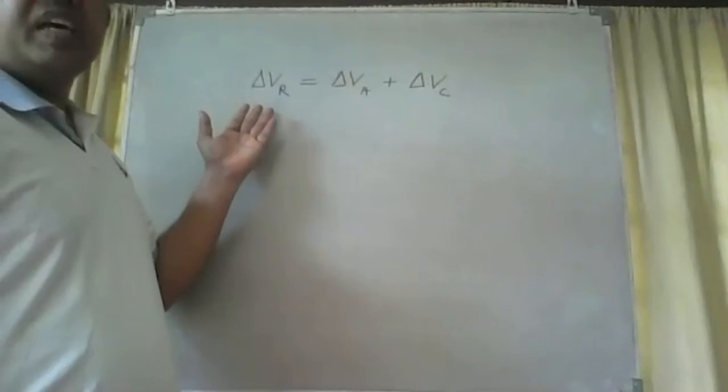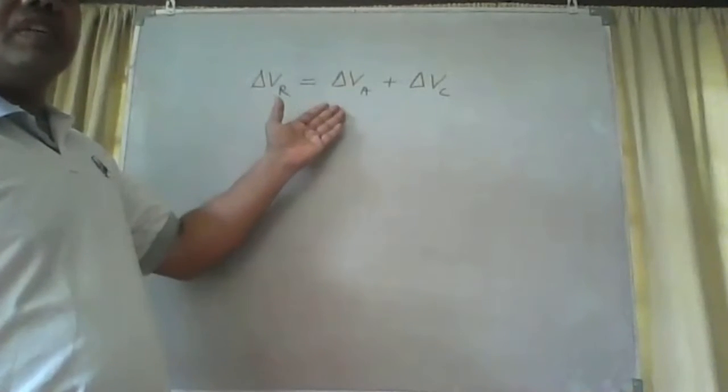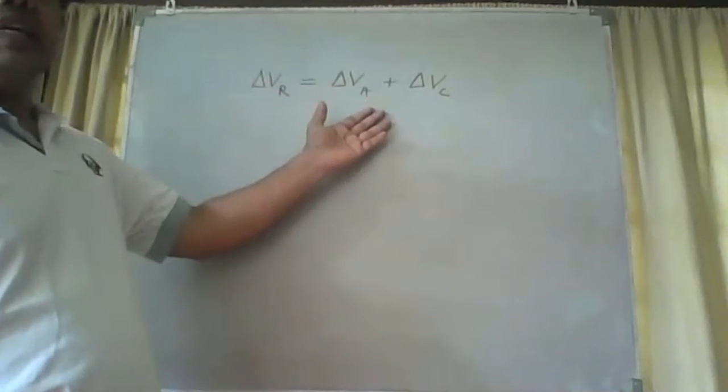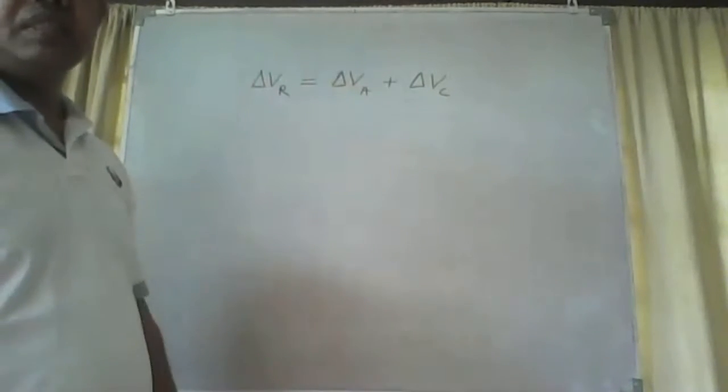In other words, real expansion of a liquid is always greater than the apparent expansion. The real expansion is really the apparent expansion plus expansion of container. We can write that relationship as this, where delta VR is the real expansion, delta VA is the apparent expansion, and delta VC is the container expansion.